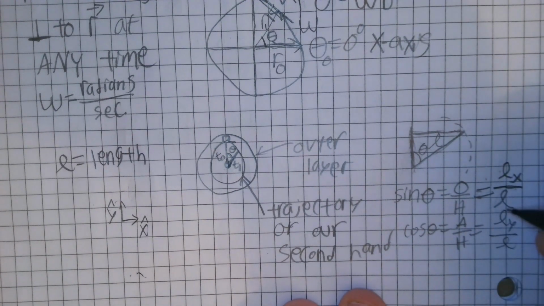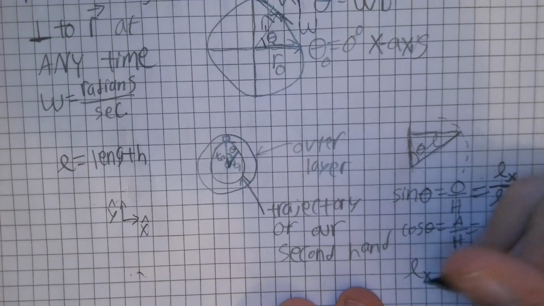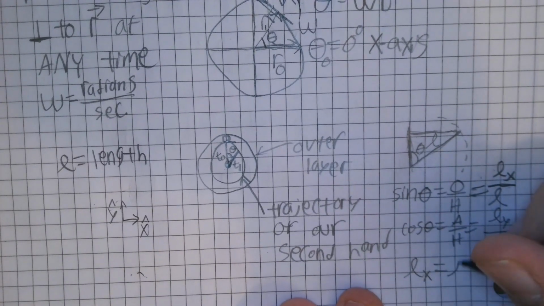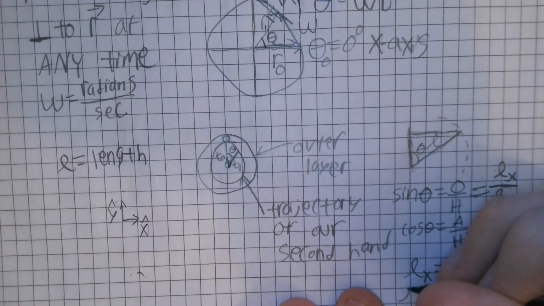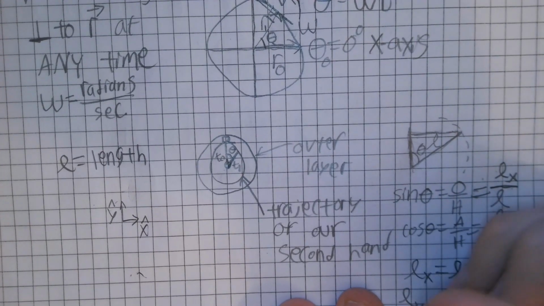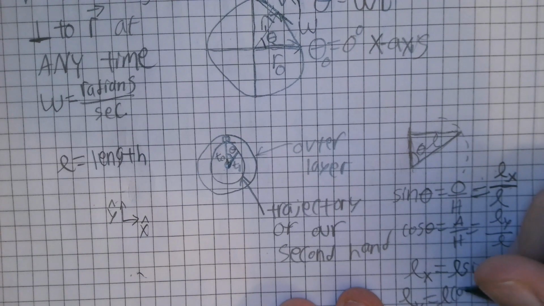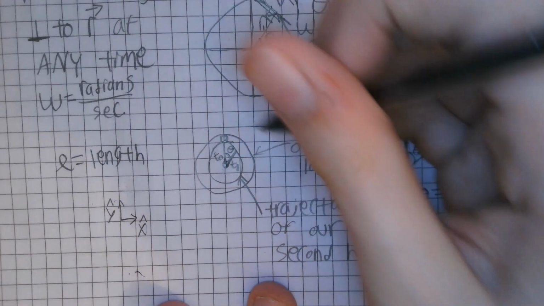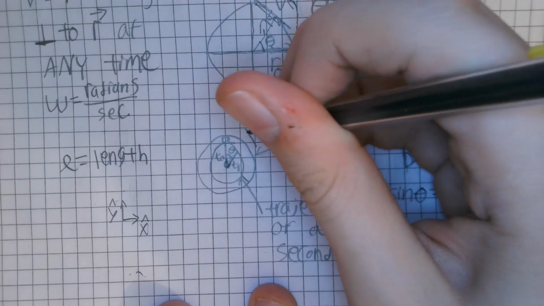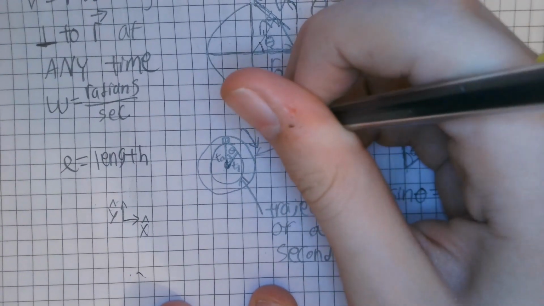So really what we can say here is that our length in the x direction is going to be equal to L sine theta, and our length in the y direction is going to be equal to L cosine theta. Now, I forgot to add this here, but we are going to move with a constant angular velocity.